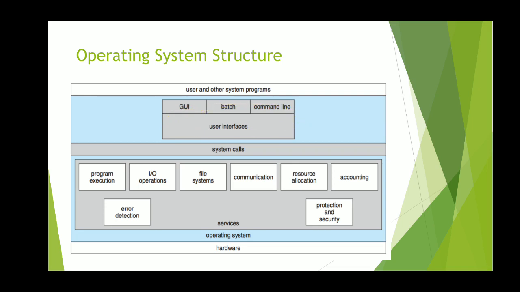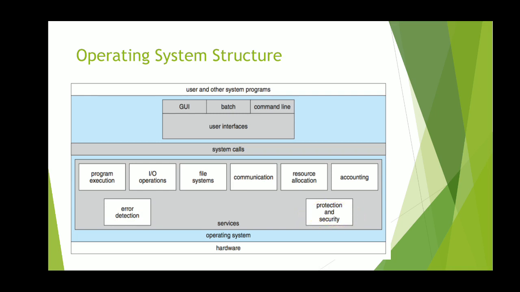The operating system services include the program execution service, IO operation service, file system service, communication service, resource allocation service, accounting service, error detection service, and protection and security services.